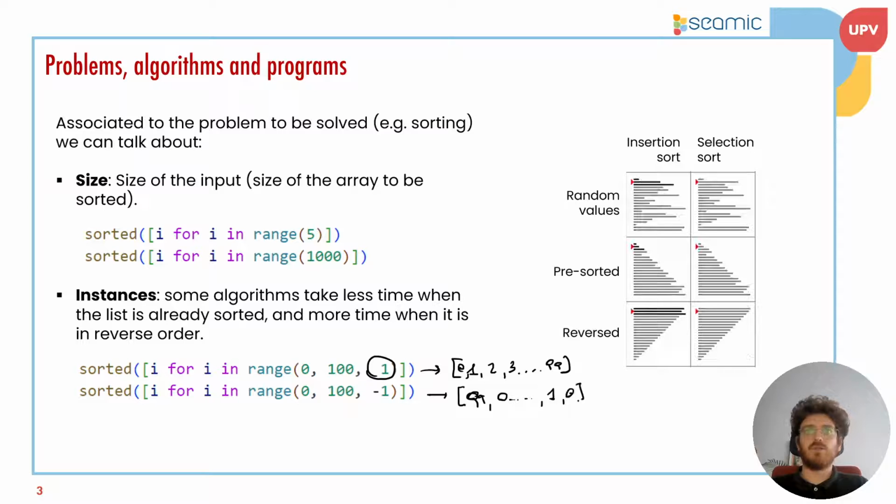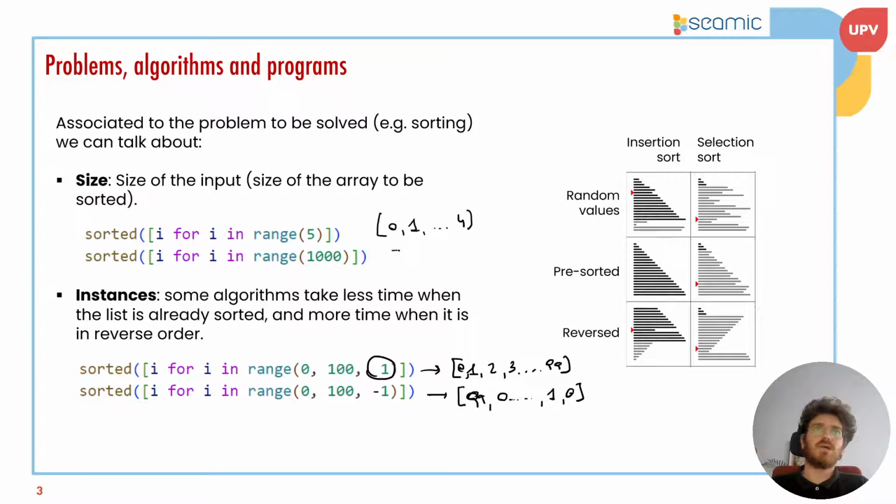This would be much faster to sort with insertion sort, but selection sort wouldn't care about either of these. And regarding the size, we can clearly see that if we are to sort a really short array, so from 0 to 4, this would be much faster than if we do so for an array from 0 to 999.